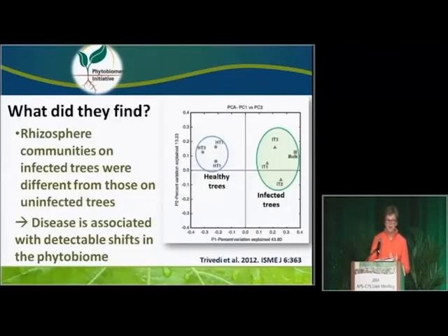So what did they find? Really very interesting piece of work. They found that the rhizosphere communities on the infected trees were quite different from those communities associated with the healthy trees. In other words, disease is associated with detectable shifts in the phytobiome.